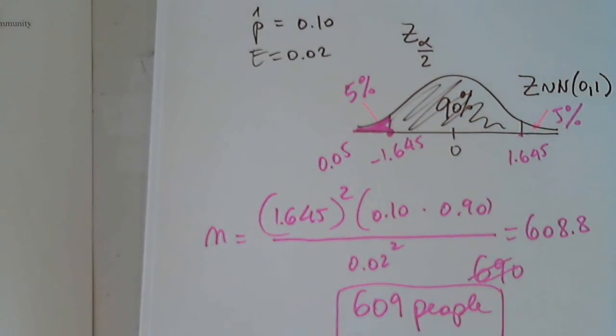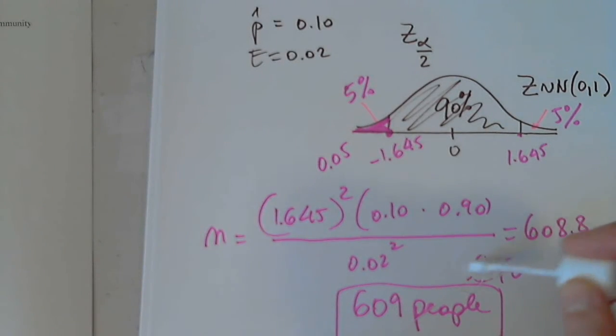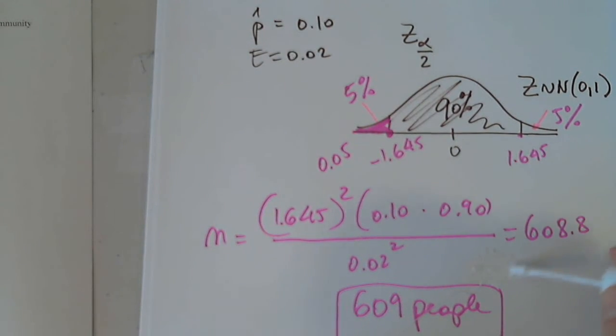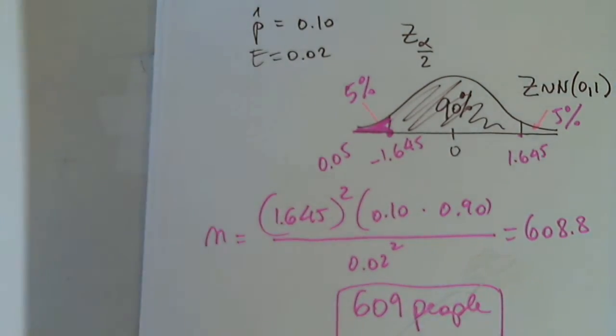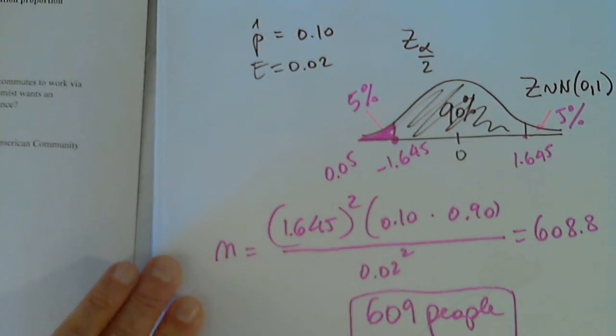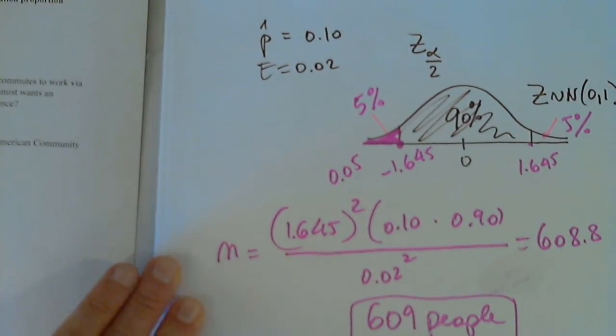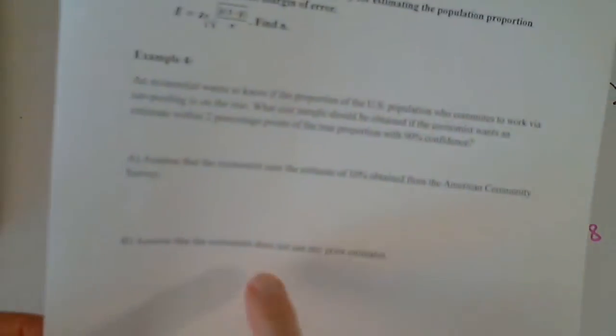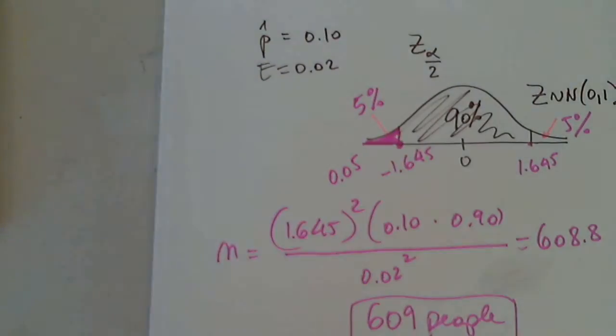Now, part B. In part B, we're asked, assume that the economist does not use any prior estimates.